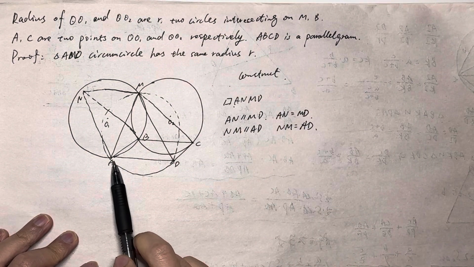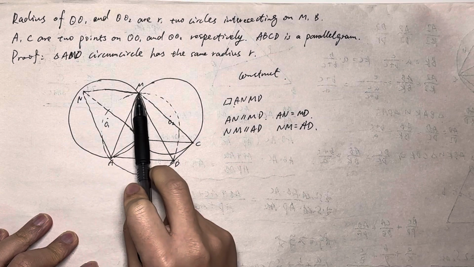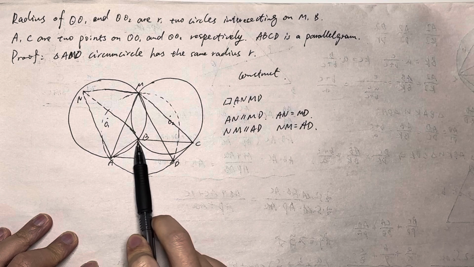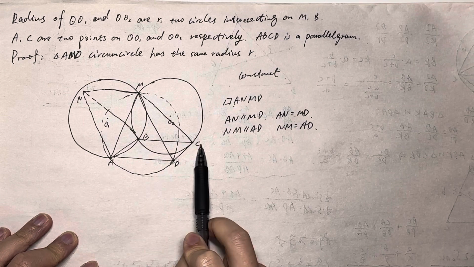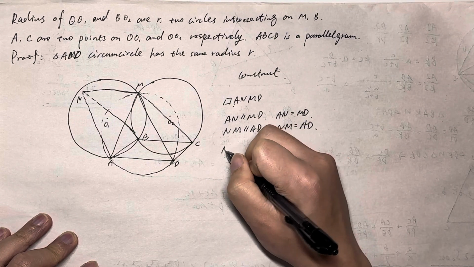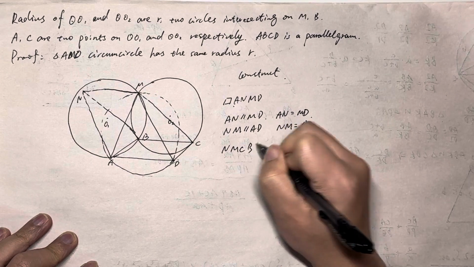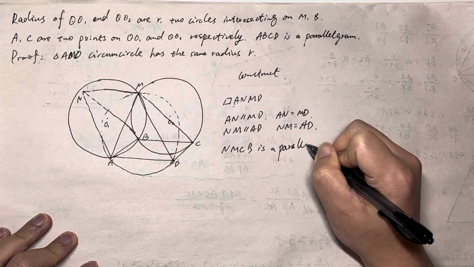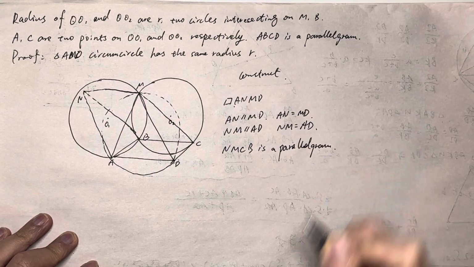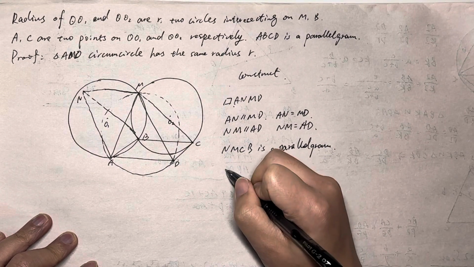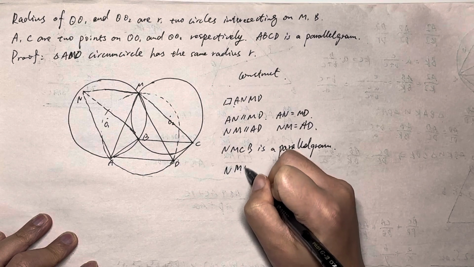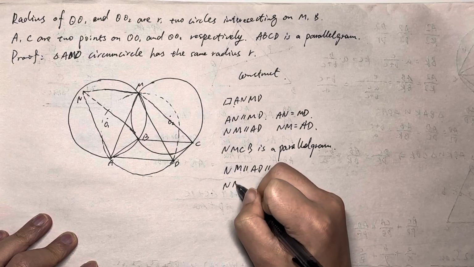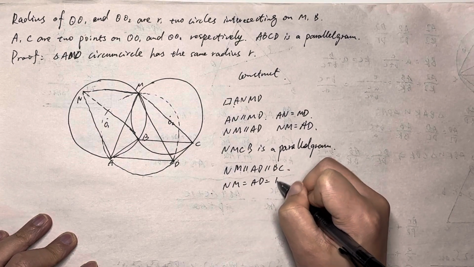Because AD is parallel to NM and AD equals NM, and AD is parallel to BC and AD equals BC, that means NMCB is a parallelogram. So NM is parallel to AD and BC, and NM equals AD equals BC.